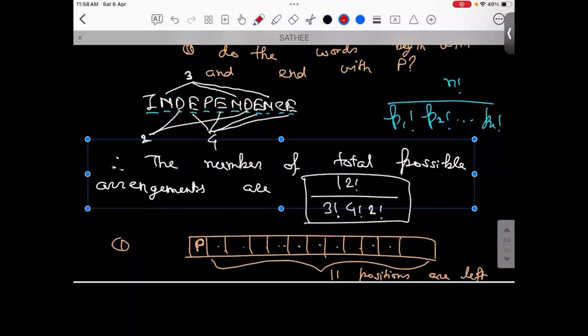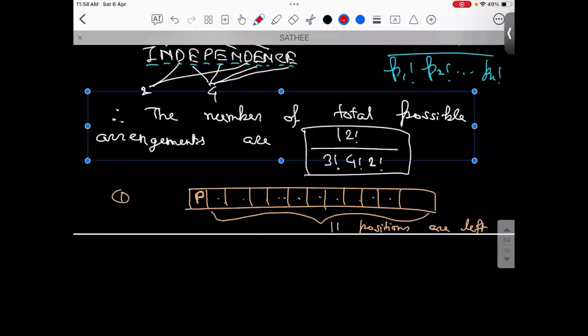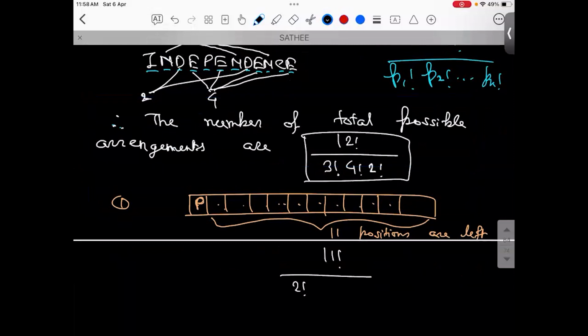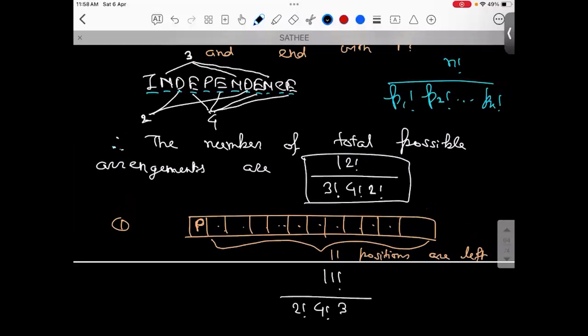So, the repeated elements will appear in these 11 positions. Fine. So, how can we count all possible numbers? The number will be 11 factorial. Among them, D is present, which is repeating 2 times. So 2 factorial. E is present, that is repeating 4 times. So 4 factorial. And N is also present, that is repeating 3 times. So 3 factorial.